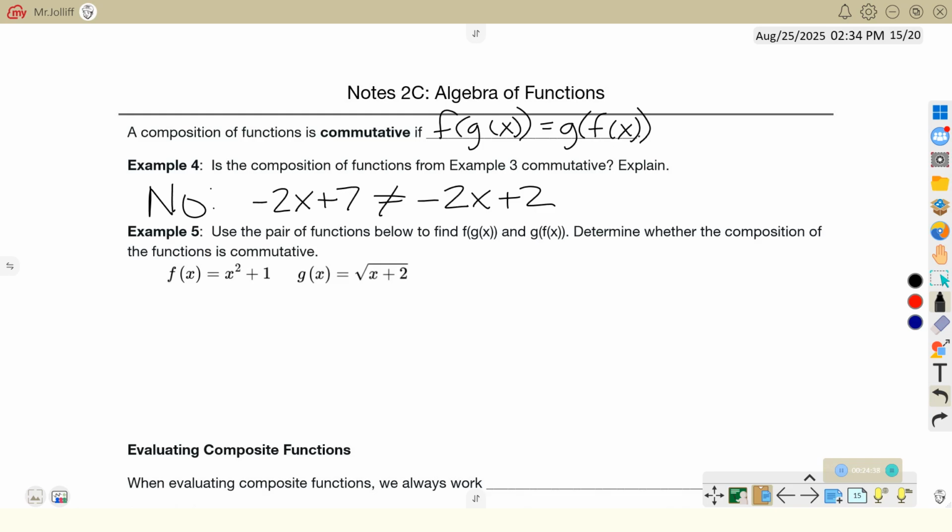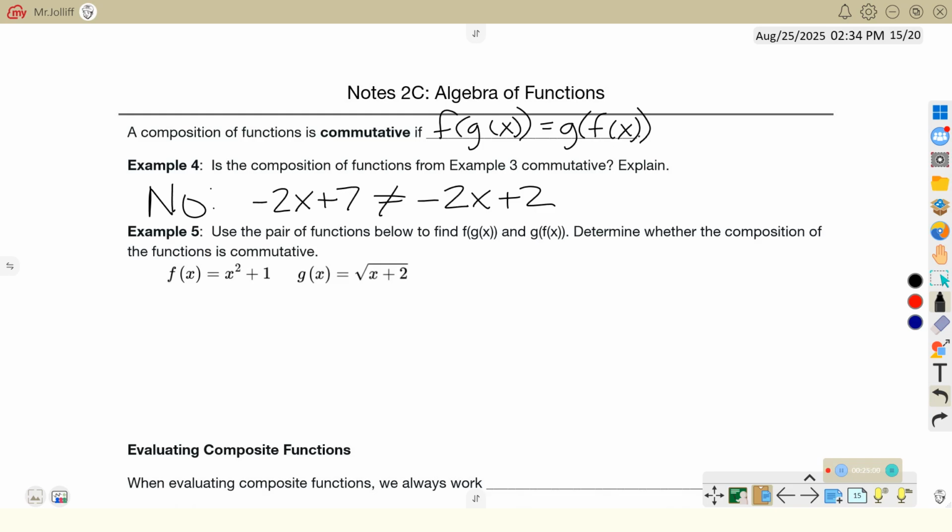Okay, before I set you loose on your example, does anyone have questions on what we just did? Yes. Oh, so remember that example 4 was talking about example 3.